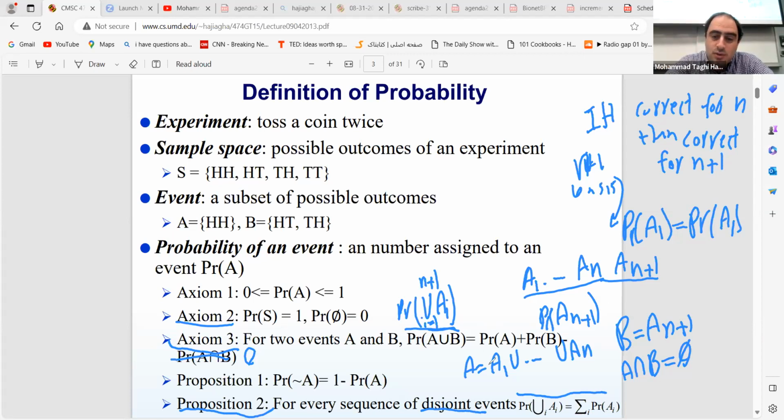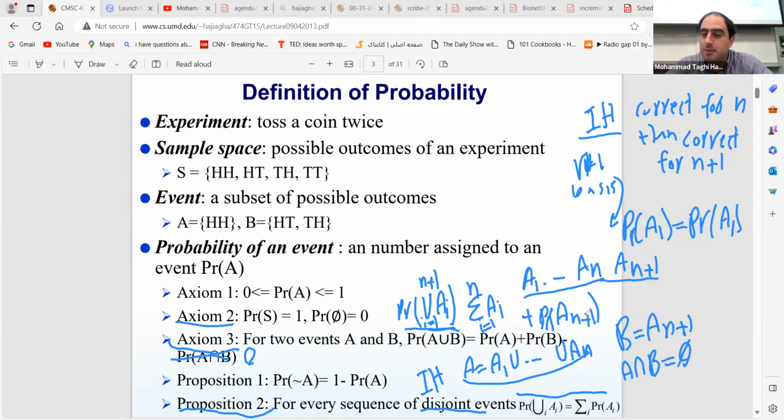Now for A, I'm using the induction hypothesis, IH, that we talked about. We knew that it is correct for N. So for N, I could write this one, essentially the sum of P(A_i), i equal to 1 to N, and then I have plus the probability of A_{n+1}.